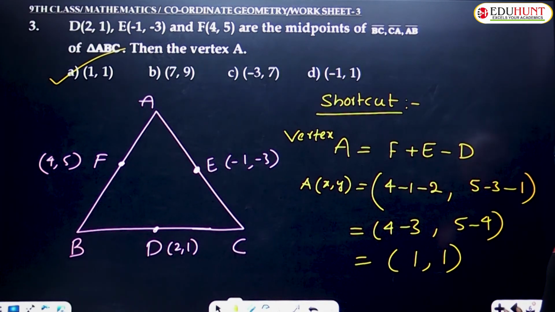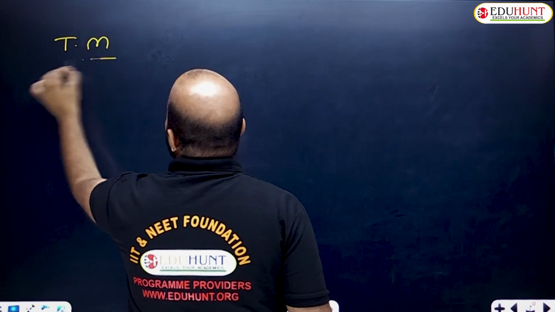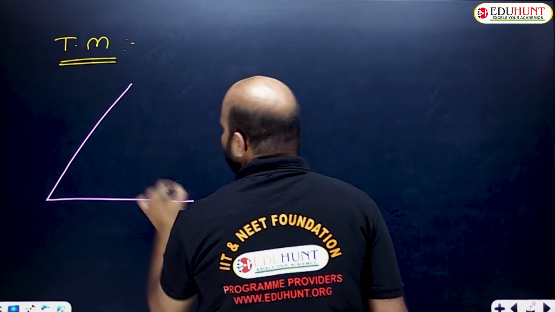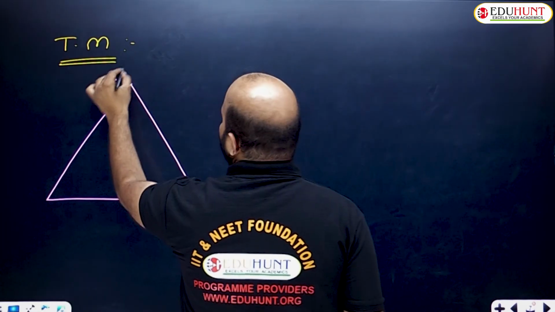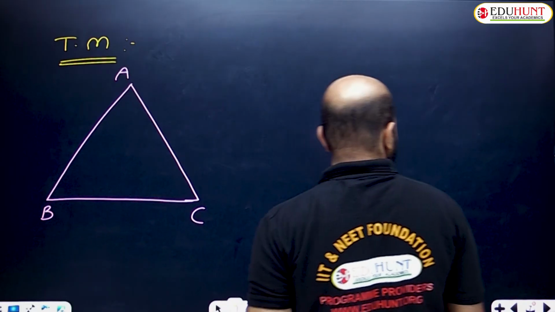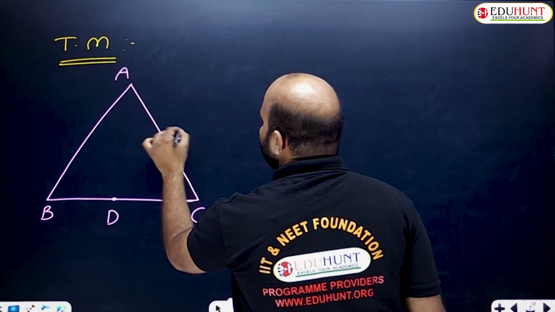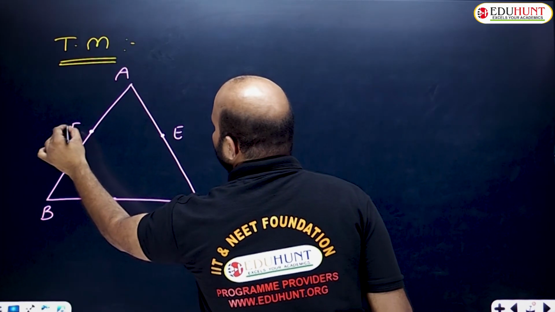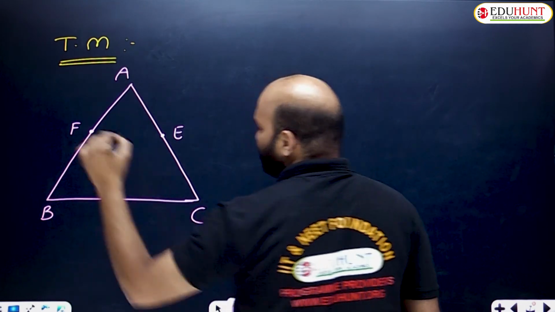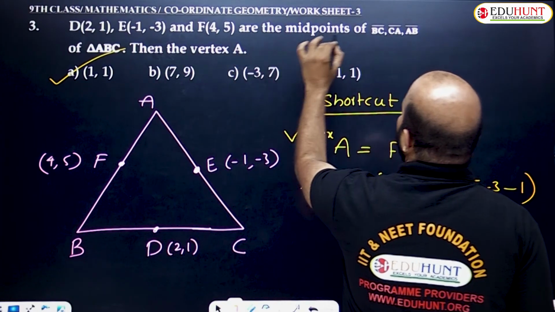Now the traditional method. Let me explain what is given: ABC is a triangle, and D, E, F are the midpoints of BC, CA and AB respectively.